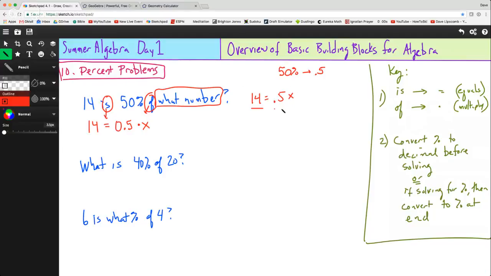So let's divide both sides by 0.5. And 14 divided by 0.5 is 28. If you don't know how to do that, you need to come see me. That's 14 divided by 0.5.